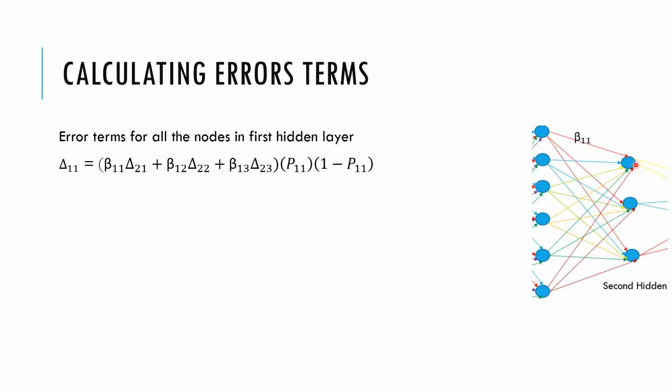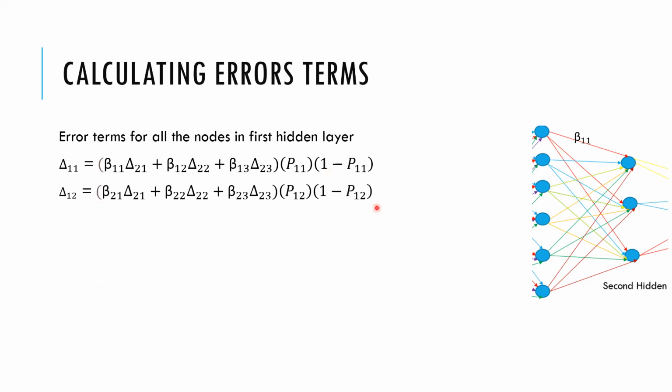So multiply the error term of this by this coefficient, right? This is what we do. Then multiply the error term of this by this coefficient. Then multiply the error term of this by this coefficient, and we get this term, the whole thing added and then multiplied by the gradient of sigmoid activation of this, which is P11 into 1 minus P11.